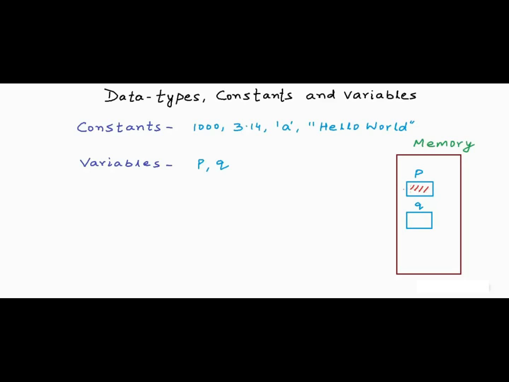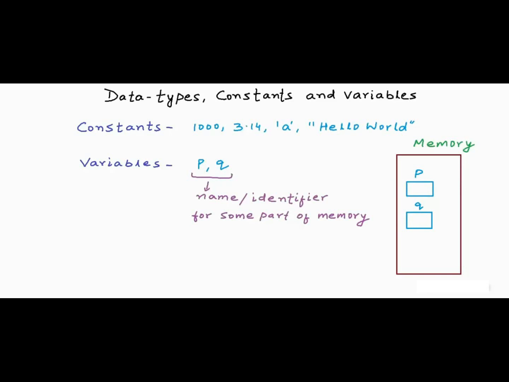Basically, we can read and write to this section of the memory. Similarly, Q is another variable that is identifier for this part of the memory. Once again, using the identifier Q, we can read and write to this part of the memory. In programming, quite often we use this term identifier for name. That's why I'm saying identifier a lot of times.